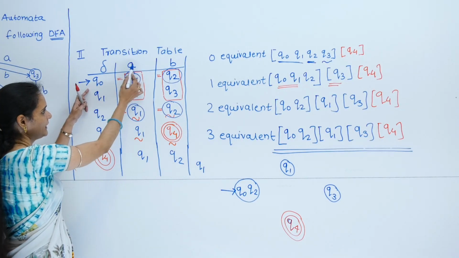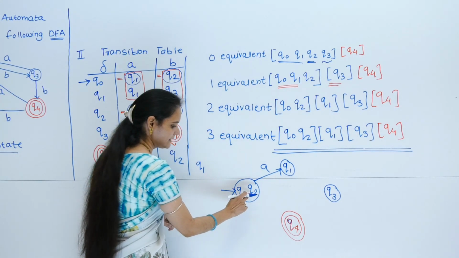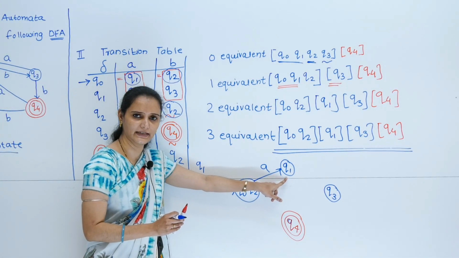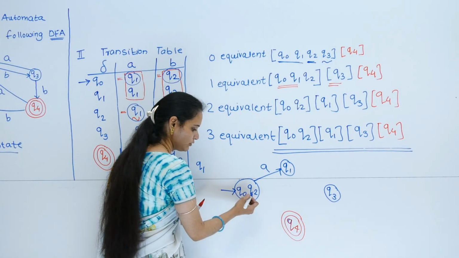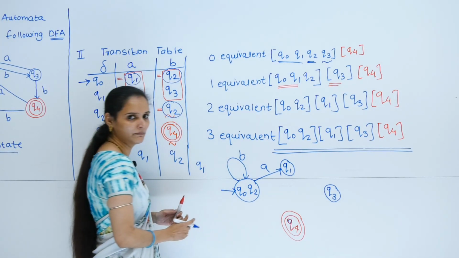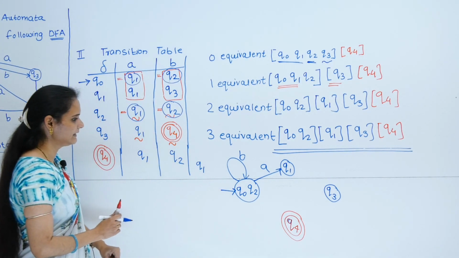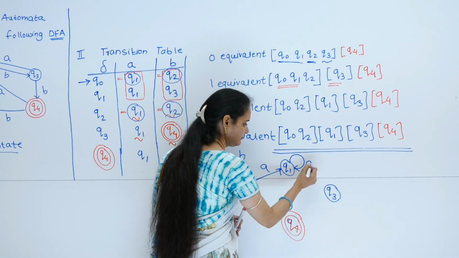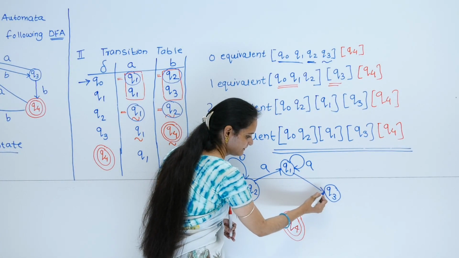Q0 on input A goes to Q1. Similarly for Q2, Q2 on input A goes to Q1 itself. Q0 on input B goes to Q2, so we make a loop of symbol B. Q2 on input B goes to Q2. Then Q1 on input A goes to Q1, and Q1 on input B goes to Q3.